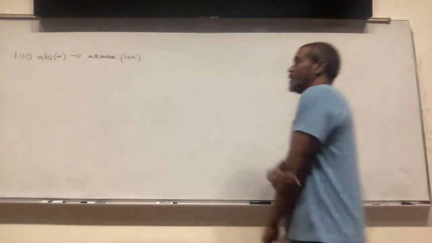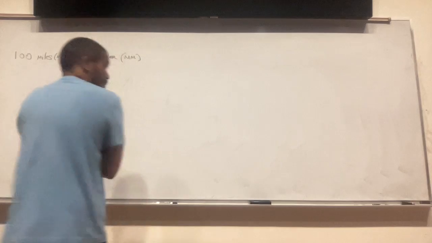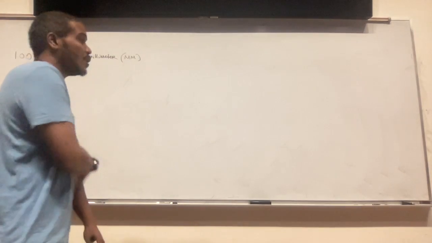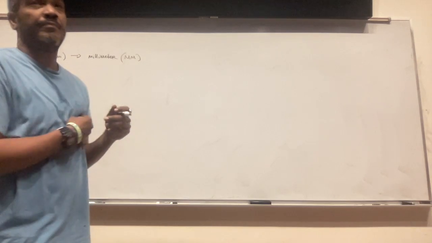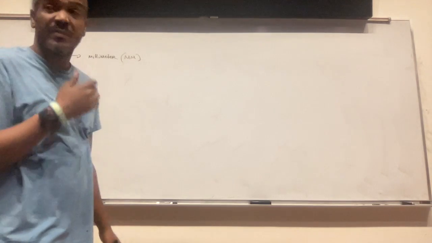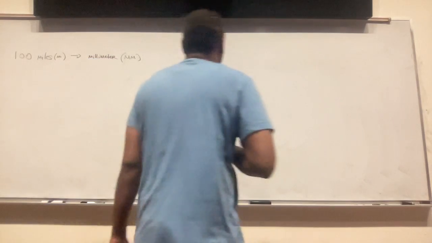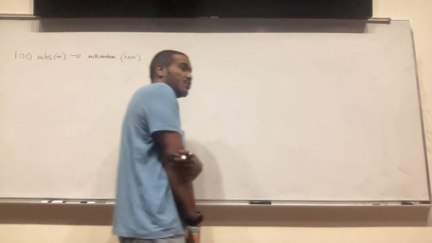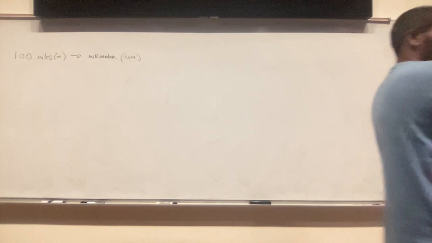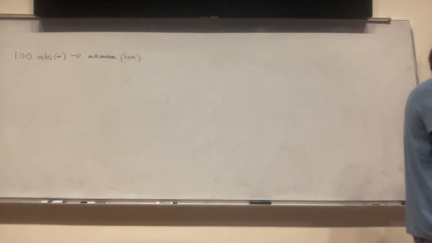When you go this way, it's hard to use your little internet devices and stuff like that. Okay. So I'm gonna say we go to feet first. How many feet are in 1 mile?